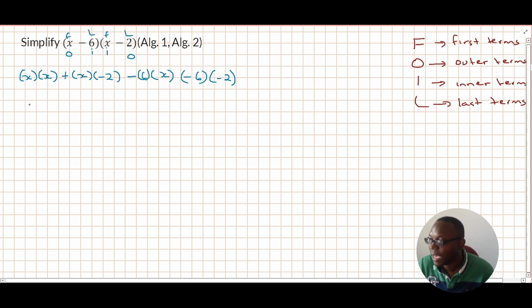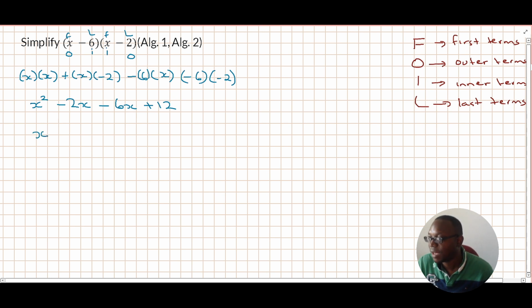x multiplied by x, that is x squared. x multiplied by negative 2 is negative 2x. x multiplied by negative 6, that's going to give you negative 6x. And negative 6 multiplied by negative 2 is going to give you positive 12.